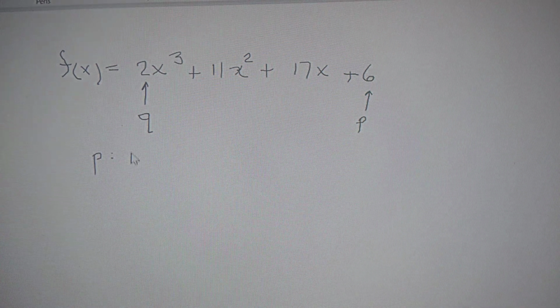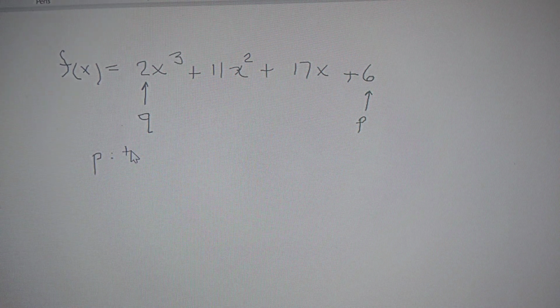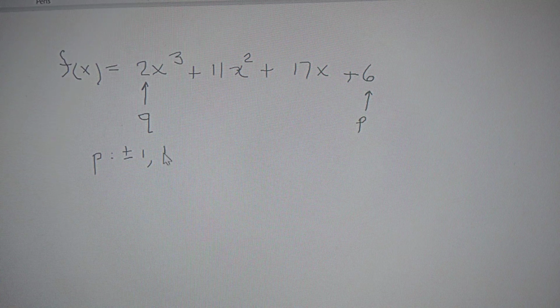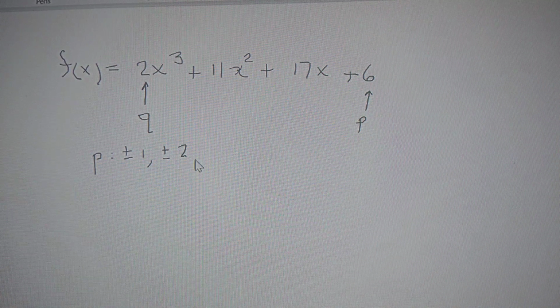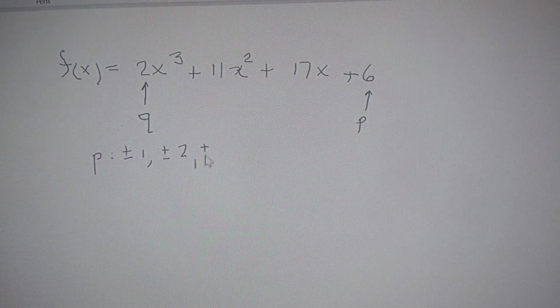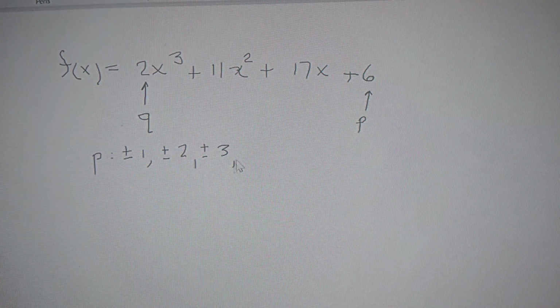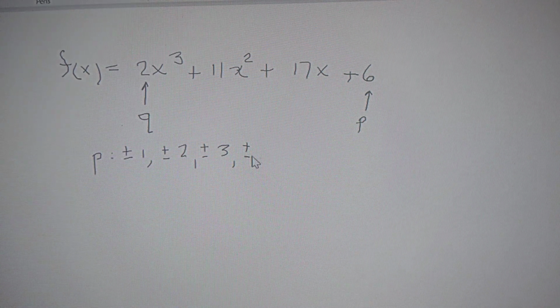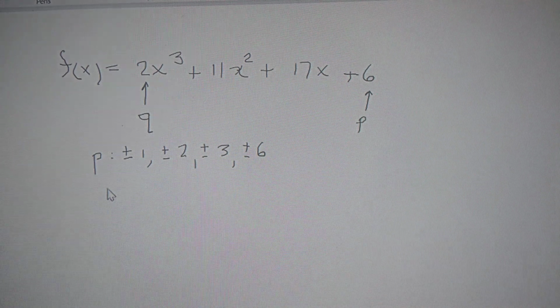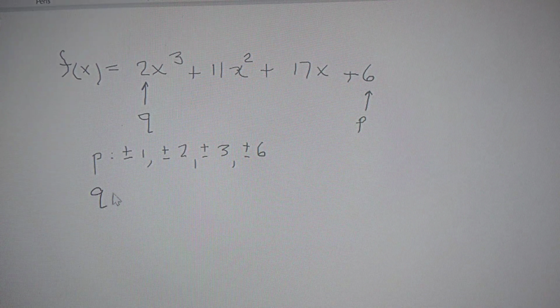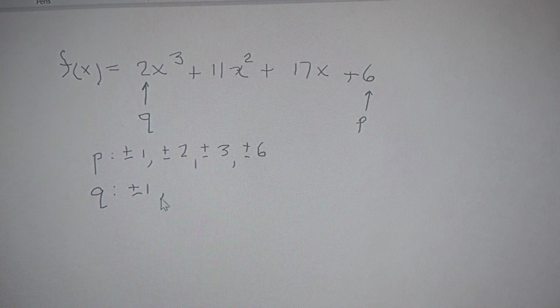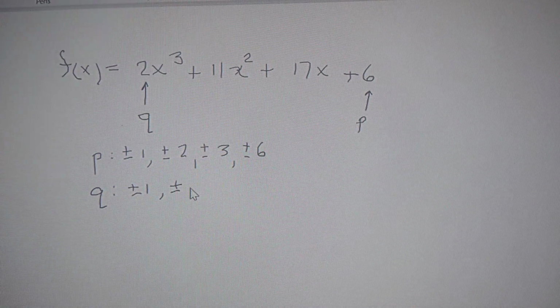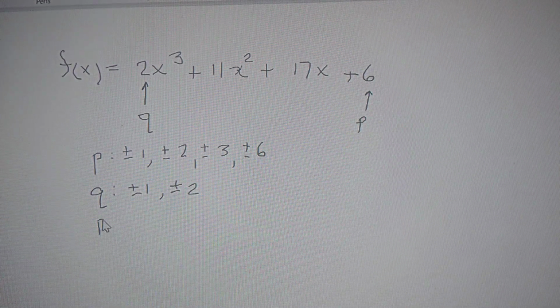What are the factors of p? Well, we have plus minus 1, plus minus 2, plus minus 3, and plus minus 6. What are the factors of q? We have plus minus 1, plus minus 2. What we want is actually the ratio of p over q.